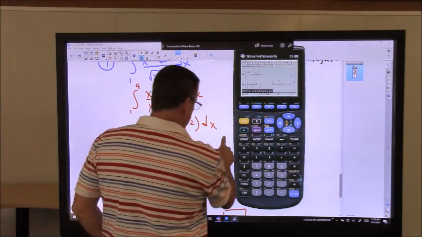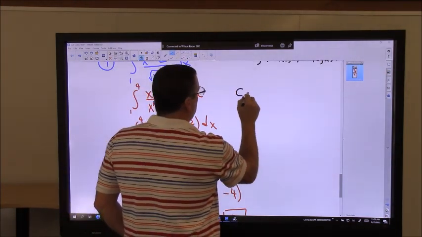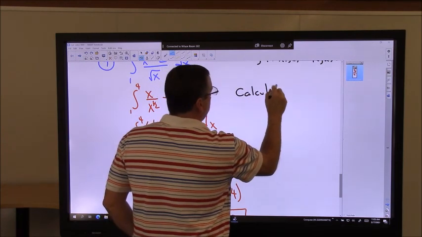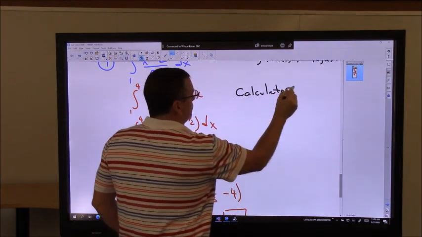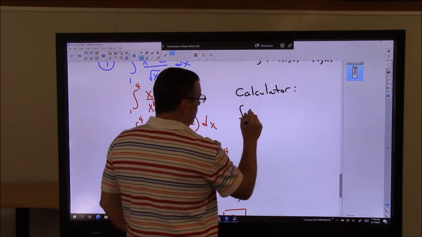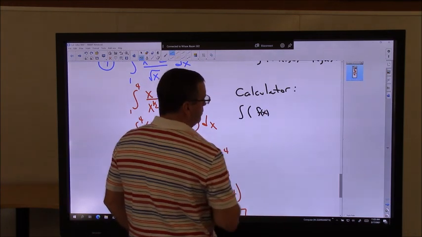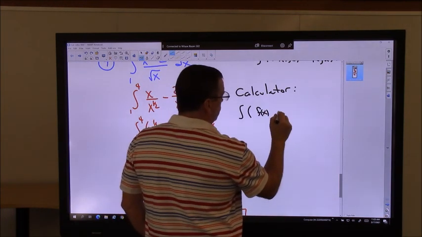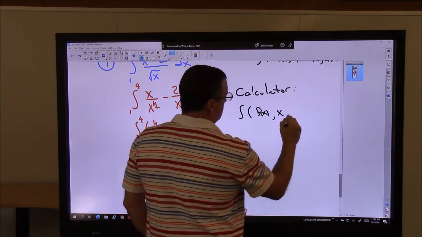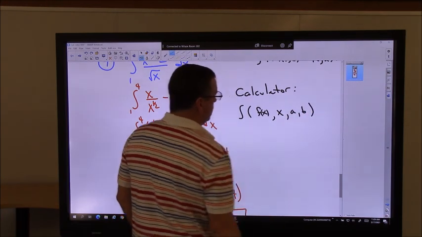So let's just write down that syntax real quick. To do this on the calculator, we're going to do the integral, and then whatever our function is, f of x, comma, with respect to x, comma, integral from a to b, and then a closed parenthesis.